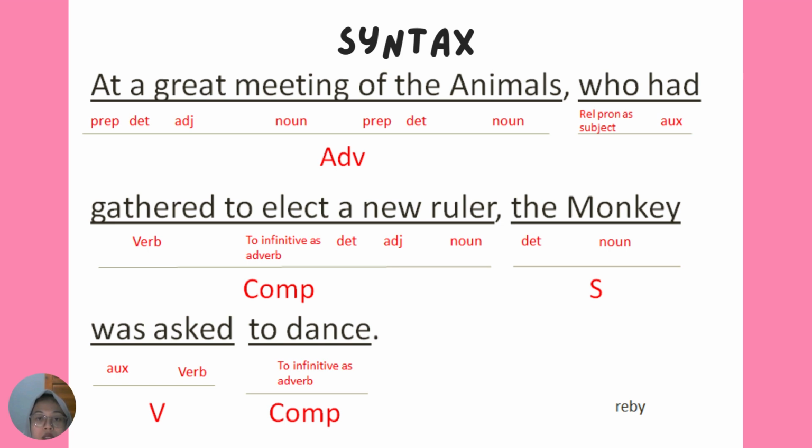And the complement consists of who as a relative pronoun as subject, had gathered, this is a verb phrase, consisting of had, auxiliary, gathered as verb, to elect, to-infinitive as verb, a determinant, new adjective, ruler, noun, and the monkey, this is a subject, consisting of a noun phrase, and the noun phrase consists of the as determinant, monkey as noun.